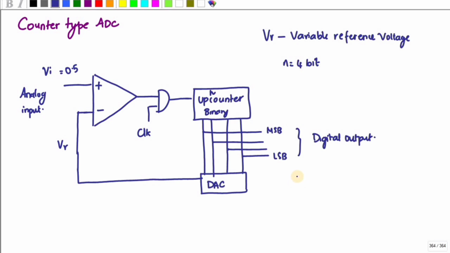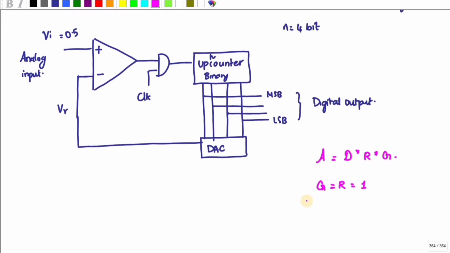There is one formula: the analog is equal to the digital value into resolution into gain. Here I am going to take the gain value equal to 1.